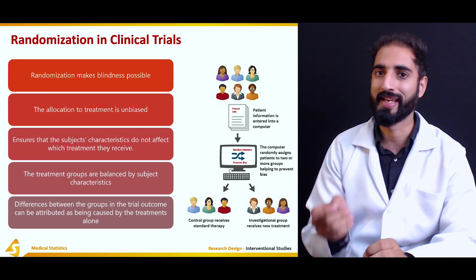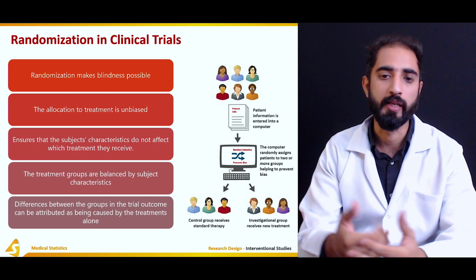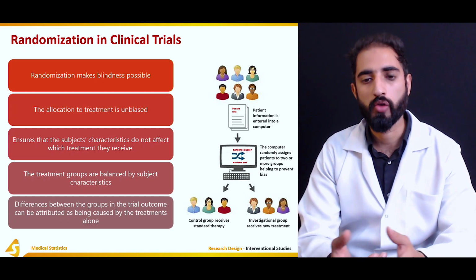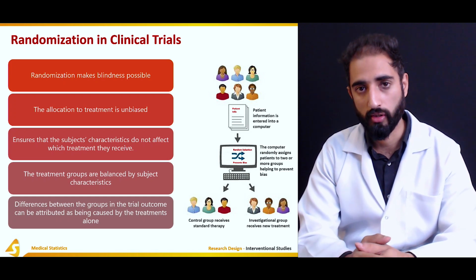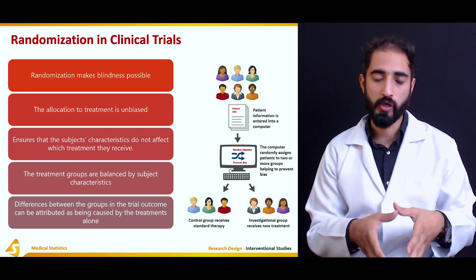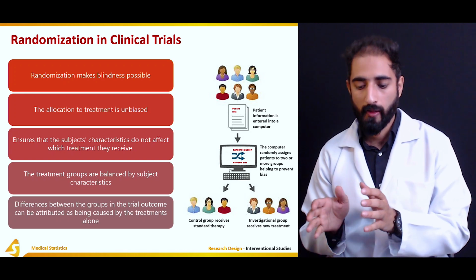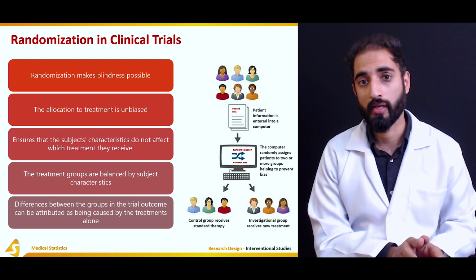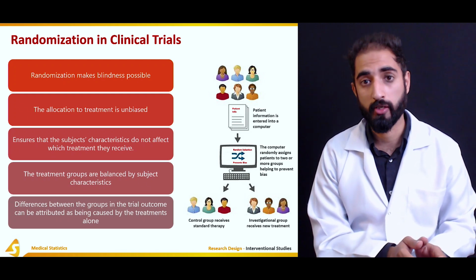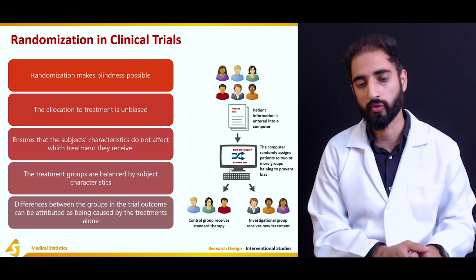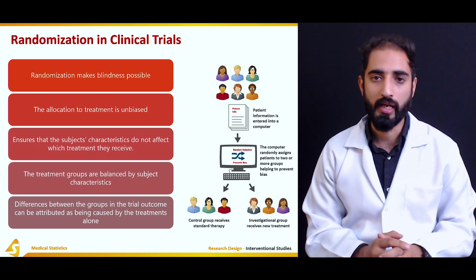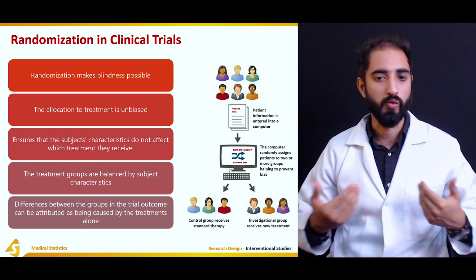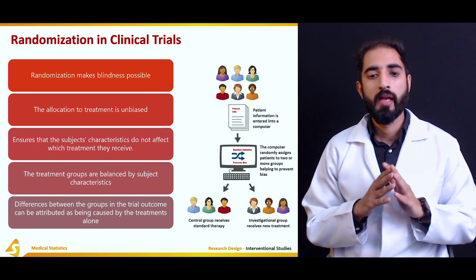So there is less risk of bias. Secondly, the allocation to treatment is unbiased, because if I want one treatment to be effective and I put all the participants I think would have better prognosis in that group, that is biased. If the allocation is random, then it is not in my control and it would be unbiased.